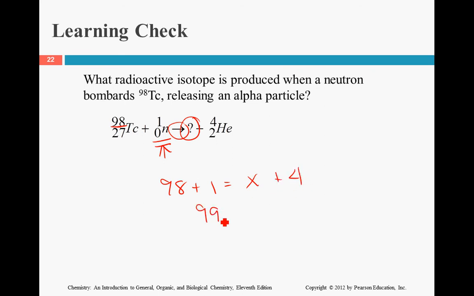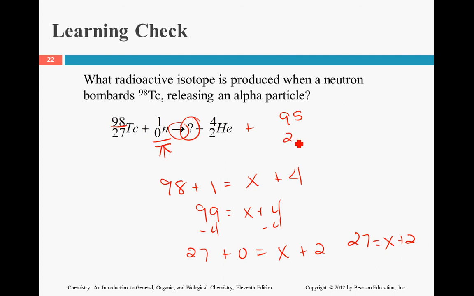So that means 99 is equal to x plus 4. Subtract 4 from both sides, and that becomes 95 on the top. On the bottom, we have 27 plus 0 is equal to x, whatever that is, plus 2. So that's 27 is equal to x plus 2. That means x is 25 on the bottom.